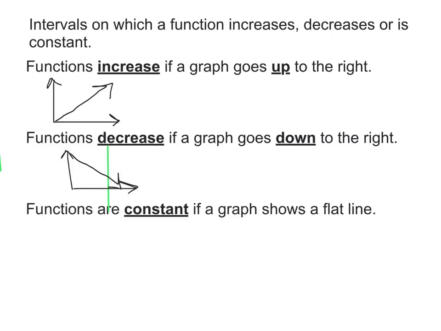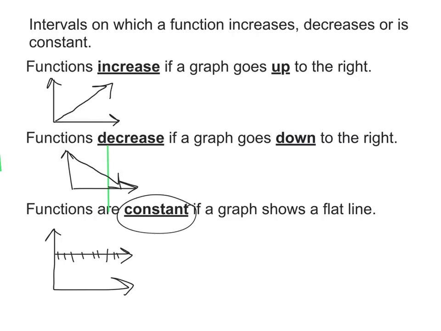So a function decreases if a graph goes down to the right. Lastly, constant functions are functions that are showing a flat line. When a function is constant, it means that we are going to have the same y values for a bunch of different x values. So a constant function is shown when you have a flat line.